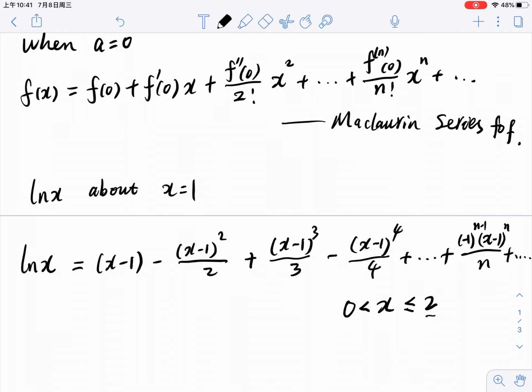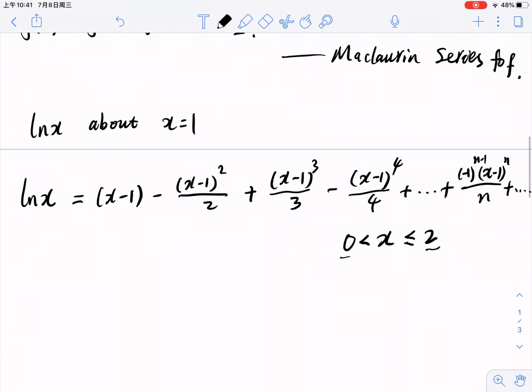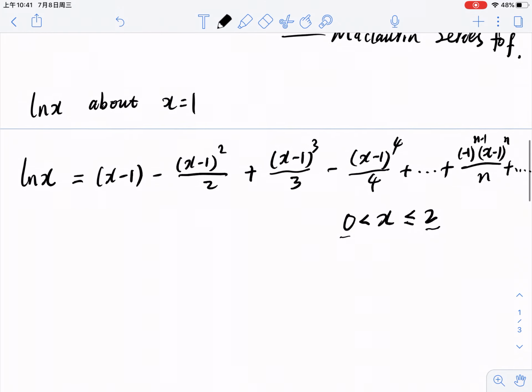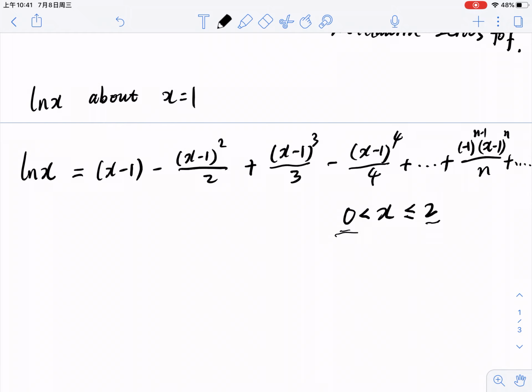Right endpoint is included, but left endpoint is not included. This is the Taylor series for ln x about x = 1. It only holds when x is in this region.